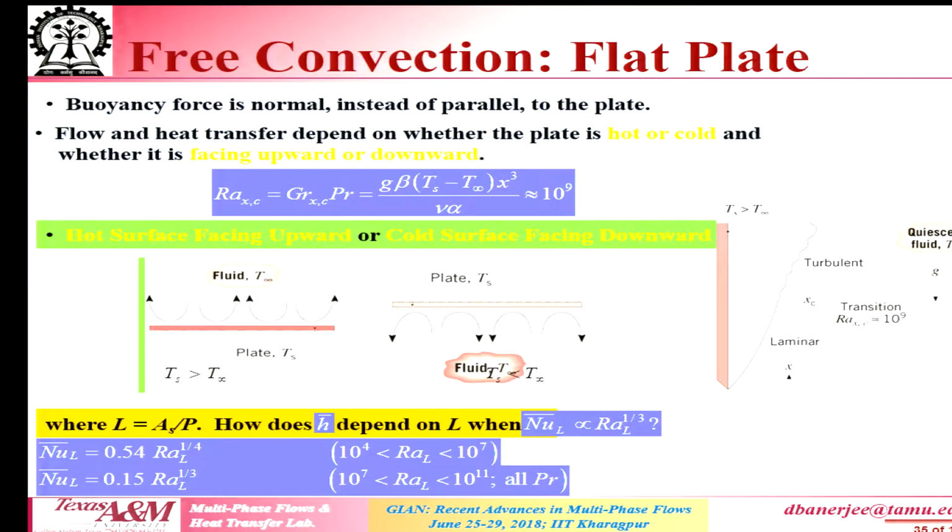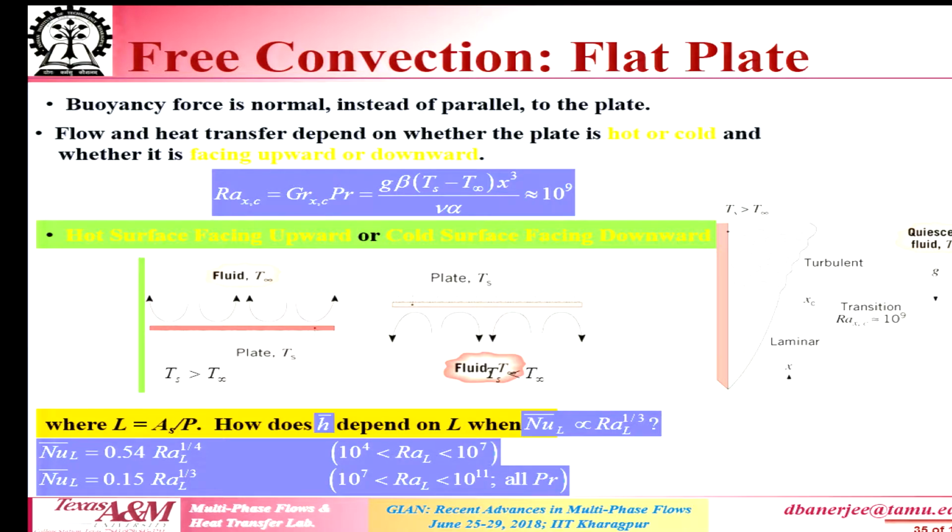If you look at the structure of the Rayleigh number, there is gravity, the volumetric expansion coefficient, your temperature drop, and then it goes as length cubed divided by thermal diffusivity and viscous diffusivity. Typically, for a vertical plate, if your Rayleigh number exceeds 10 to the power 9, then you are in the transition regime or turbulent flow. Below that Rayleigh number, you are in laminar natural convection.